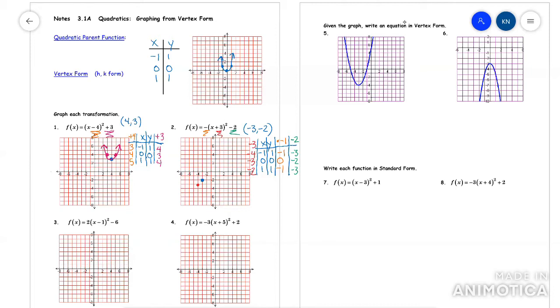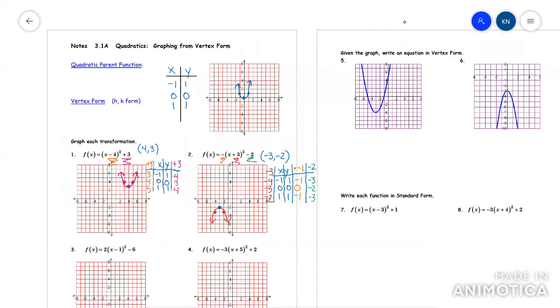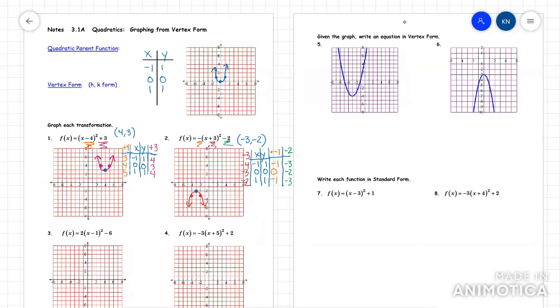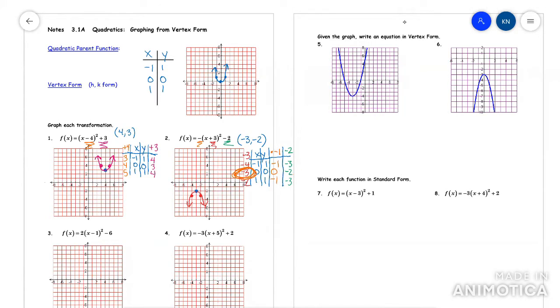And then -2, -3 is my last point. Then just make a U shape, like that. And by the way, wherever these transformations, after you apply them, wherever the middle one ends up, that's your vertex. So you can also get it there.